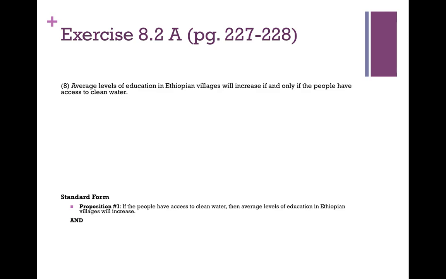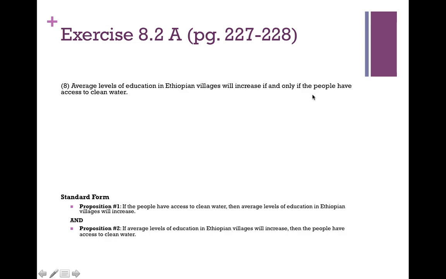So it's also saying the following: if average levels of education in Ethiopian villages increase, then people have access to clean water. So it's actually asserting two different propositions here, and you get proposition one from if, and you get the second proposition from only if.